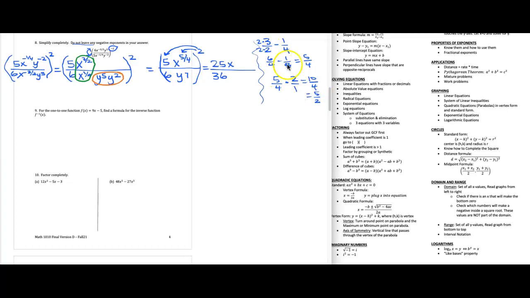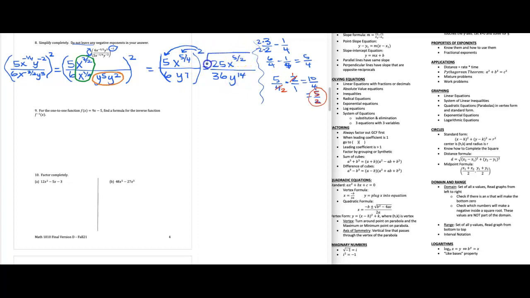Okay, and even here, usually I don't multiply across. I usually will reduce like this first, and then I can see, all right, 5 times 1 is 5, and then 2 times 1 is 2. So make sure you have that simplified. So x to the 5/2 power, and then y to the 7 times 2 power, so y to the 14th power.